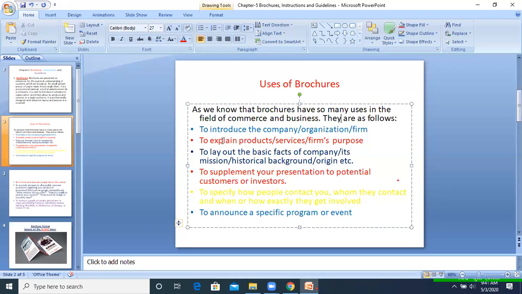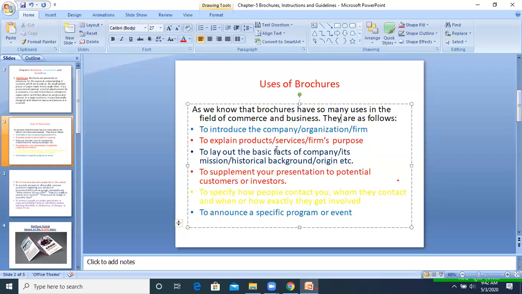The first point is this: to introduce the company, organization, firm. Here a firm, organization, company, institution, you can say whatever you like, but they all are the same thing. Like noodles, they are called by different names. Rara, YY, Golmol, like that.